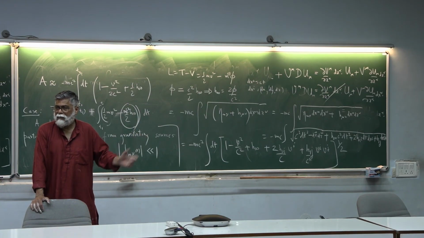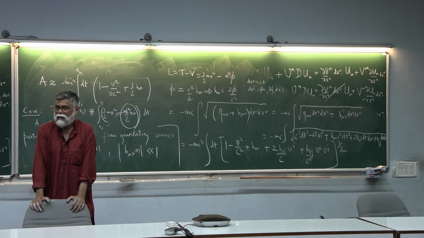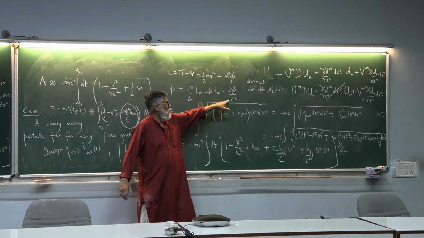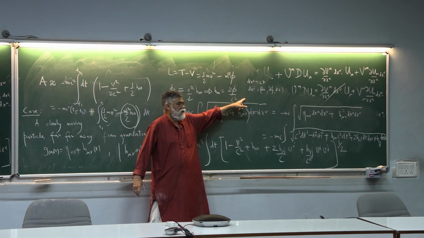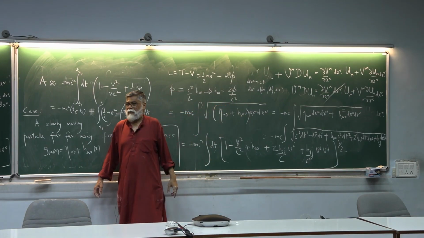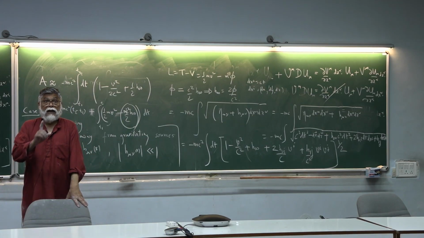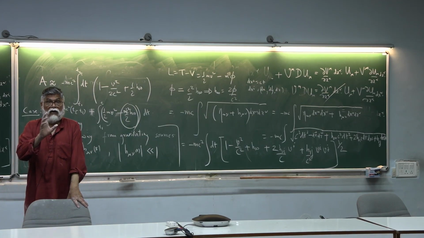And how does it compare with c square by 2? You'll find that although it is less than 1, it's comparable. All I'm saying is, calculate this quantity: 2 by c square multiplied by G into 1.4 solar mass divided by 10 kilometers. Okay? No, 10 kilometers is not the Schwarzschild radius of 1.